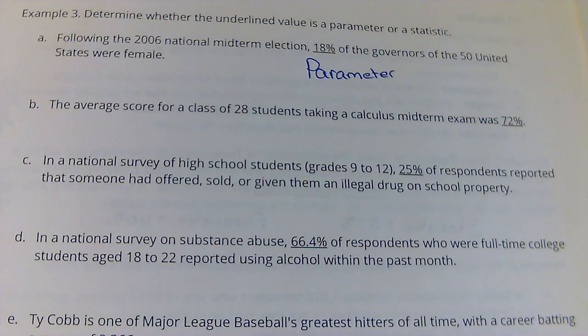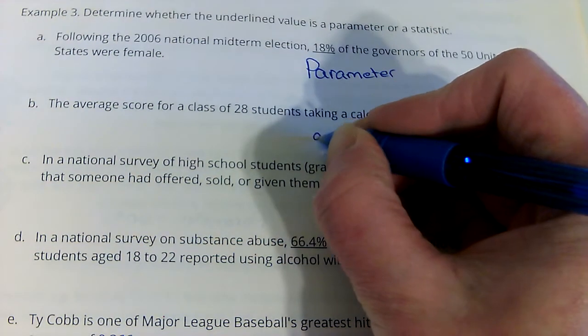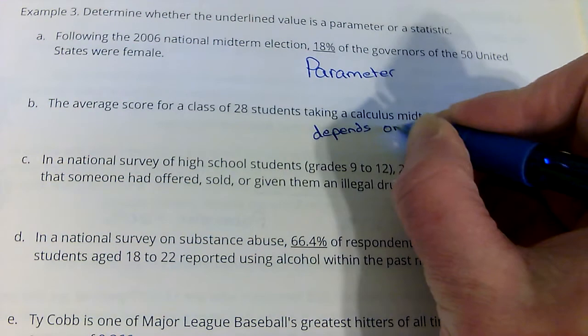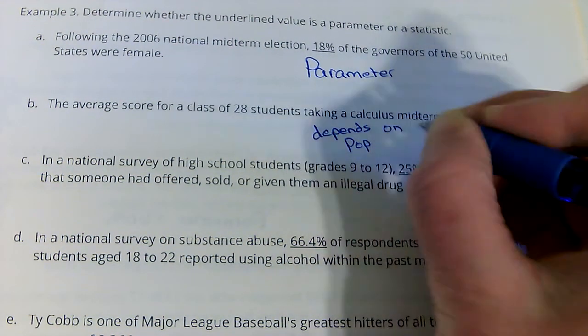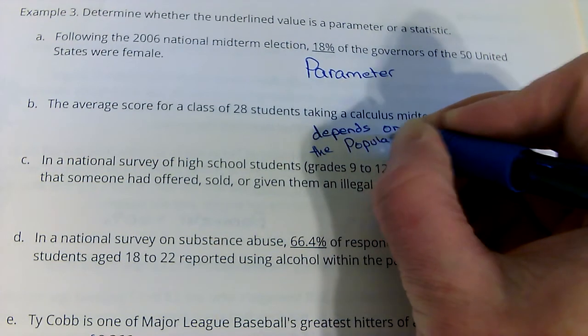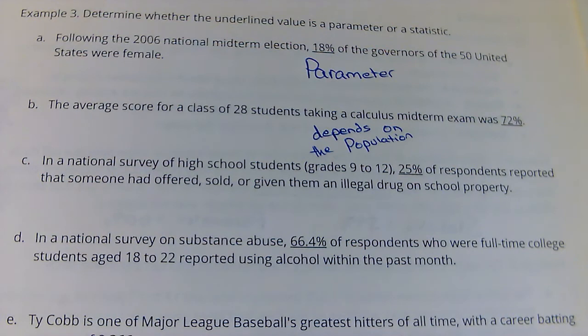Then this would just be a sample. So this could be either. It depends on what you set your population as, to whether the data you're looking at would be from the population or a sample.